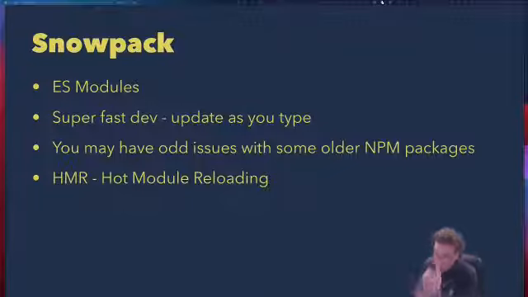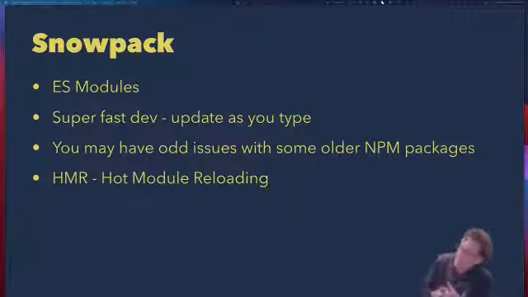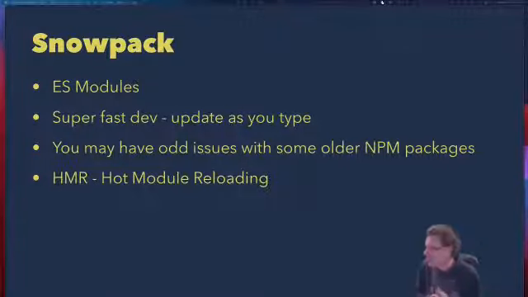Rollup and Snowpack are really good at it, and this is less of an issue, but a year or two ago when I played with Rollup, you can sometimes find older NPM packages, I mean, we're talking old, where it just doesn't wrap it quite right. There are some really weird CommonJS-isms going on. So just again, beware of that. And again, the speedy hot module reloading.